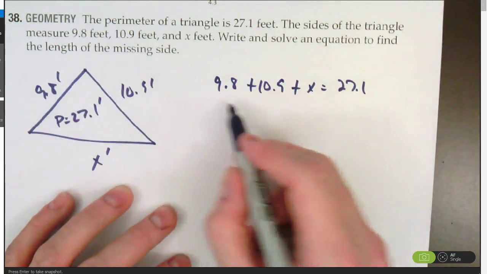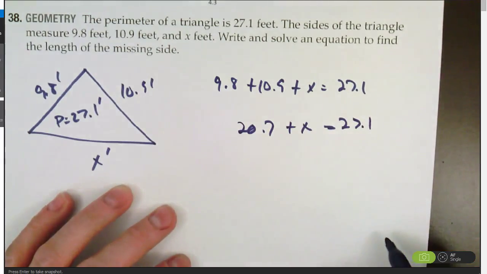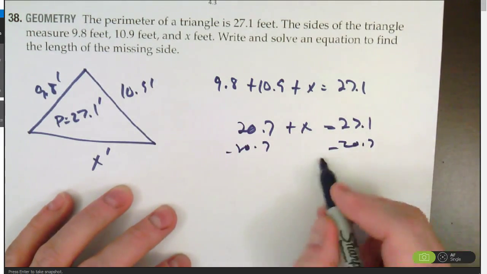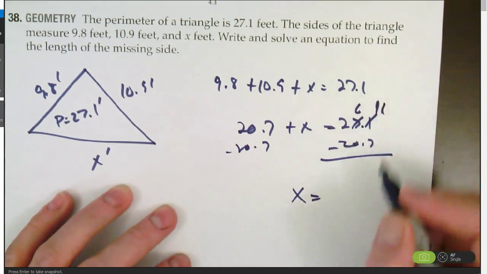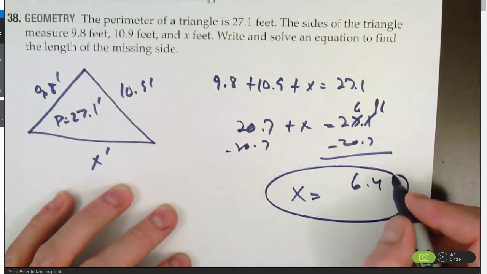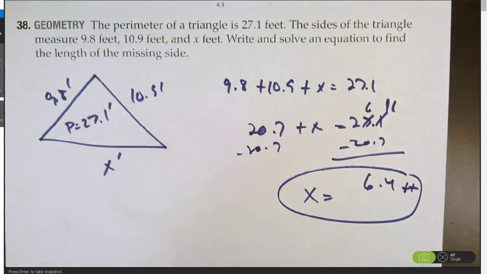Add these together, we get 20.7 plus x equals 27.1. Now I'll subtract 20.7 to get x. I'll have to borrow, and that gives 6.4 feet. Okay. Now this obviously is not everything from section 4.3, but it's kind of a start.